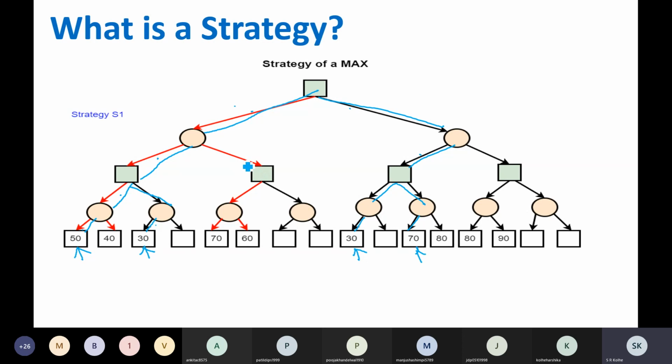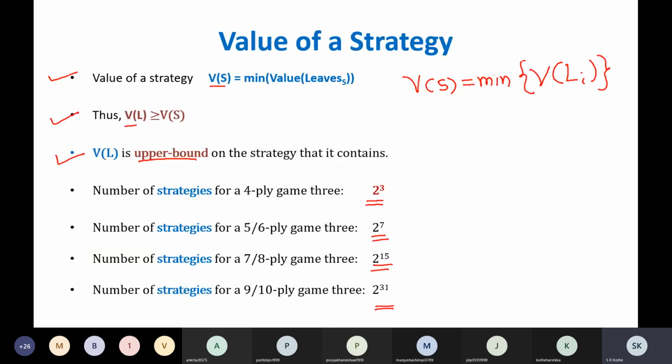In that case, this node will be selected. So max selects both, and then we would have selected this 70 and this node again, and this 80 and this node. These are different possibilities. One of the possibilities in this case is that the algorithm will return 50, 30, 30 and 70, these 4 nodes.